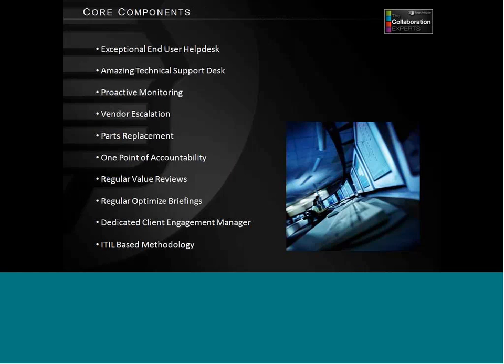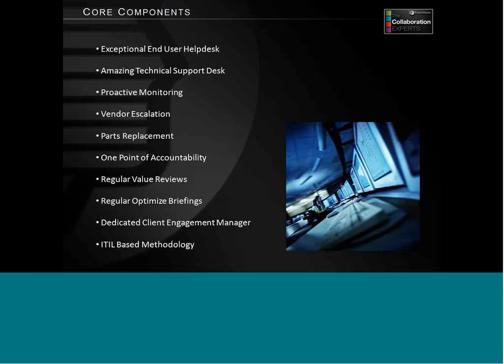What we mean by this is the help desk that your end users come into contact with when they have a problem. So this is not a technical support desk. This is, I'm out on the road, and my Java interface on my iPad is not doing what it's meant to be doing. Who do I contact, how do I contact them, and what experience do I get?